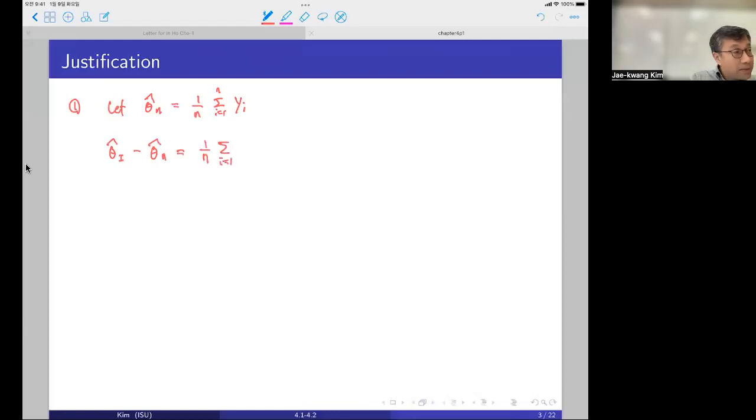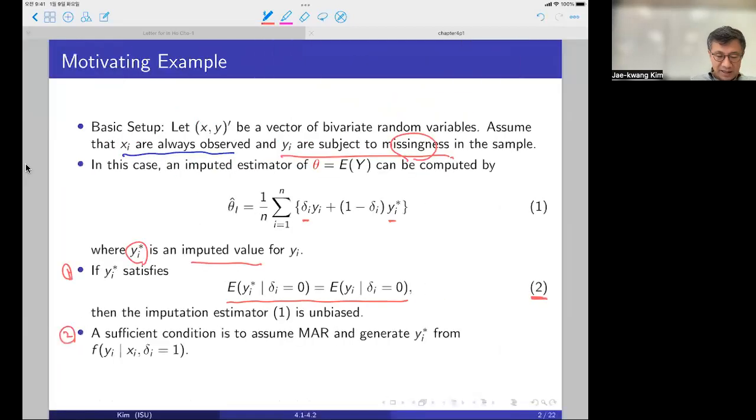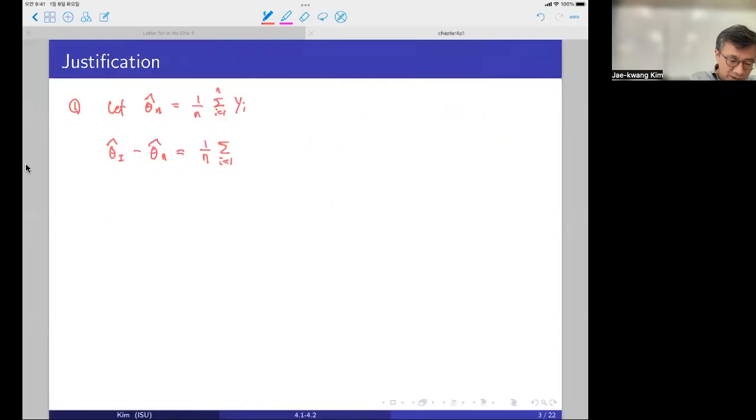The observed part all cancels, so the only thing that remains is Yi star minus Yi. Now we want this to have 0 expectation. But notice that delta is another random variable, so you cannot really ignore delta.